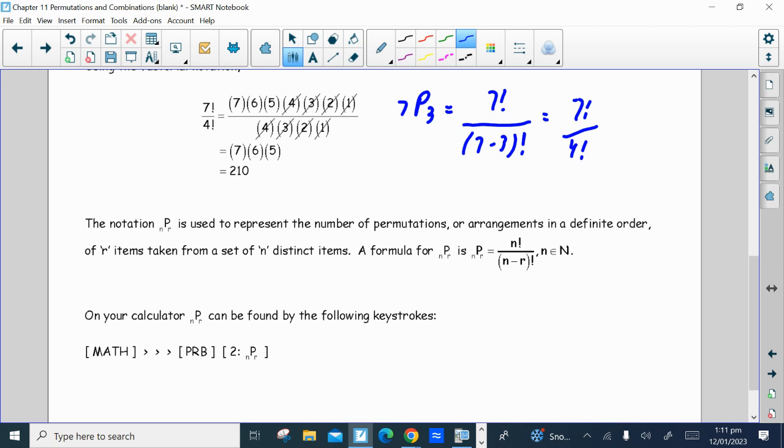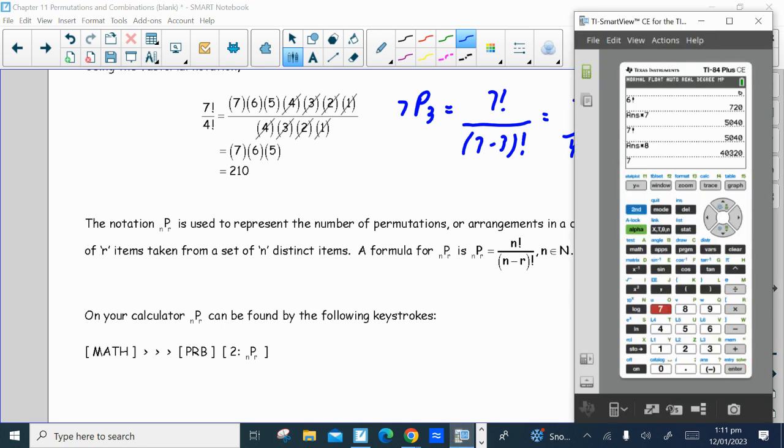There is also an nPr function on your calculator. It's in the same place as factorial is, but you have to put the 7 in first. So 7, and then MATH, over to PRB. You see number 2 in this list is nPr. So 7P3.